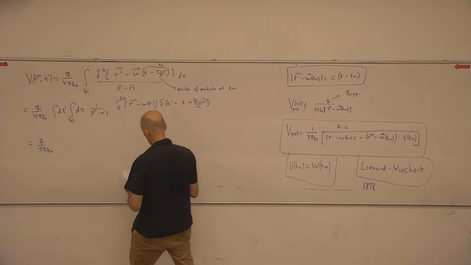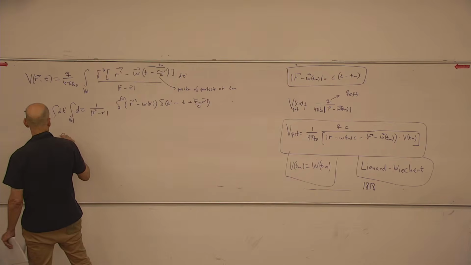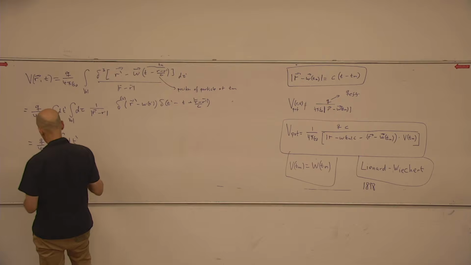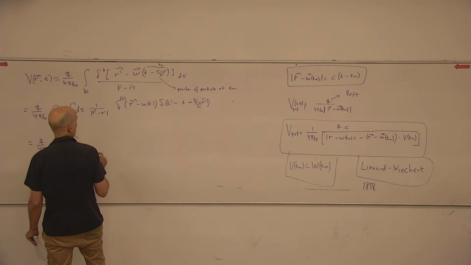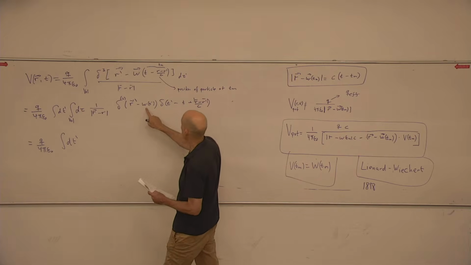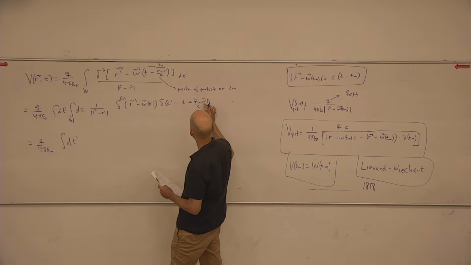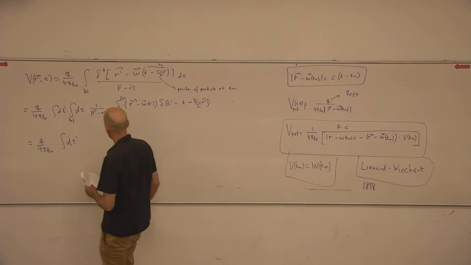Now I can easily do this integral, and I'm still left with the integral over time, t prime, which is just a dummy time. So all I need to do, you see r prime minus w, is replace in this delta function this r prime with w, that's all.